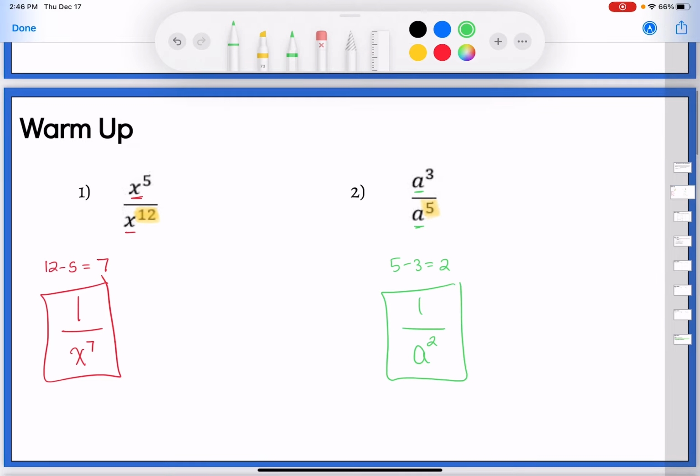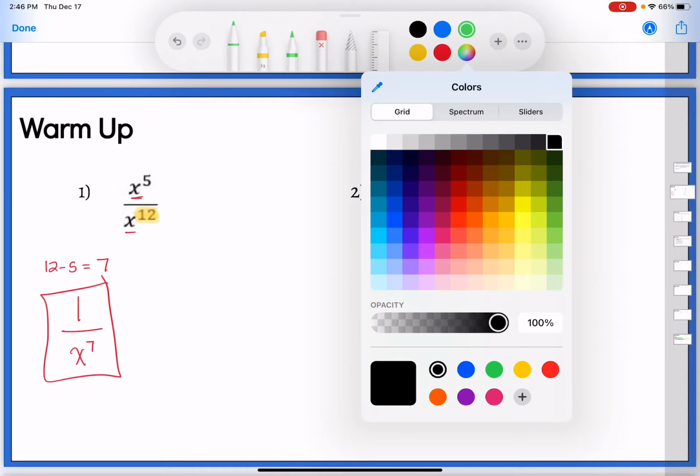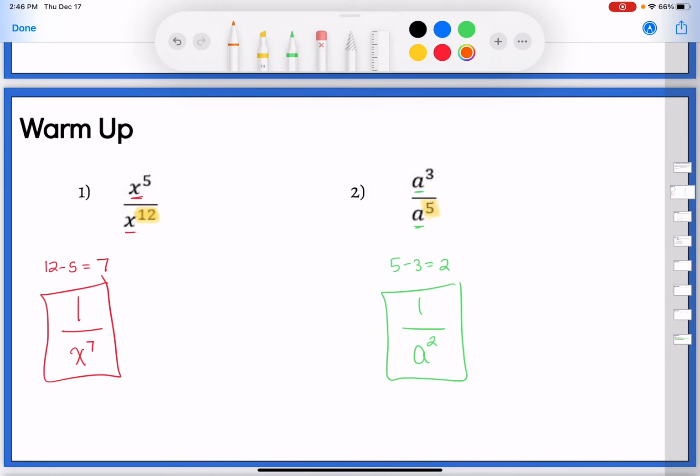Now, the reason I had you do these as a warm-up is because we did the subtracting, we did the bigger minus smaller, but what if I just did top minus bottom, right? What if I just did 5 minus 12 over here on the first one? 5 minus 12 is negative 7.